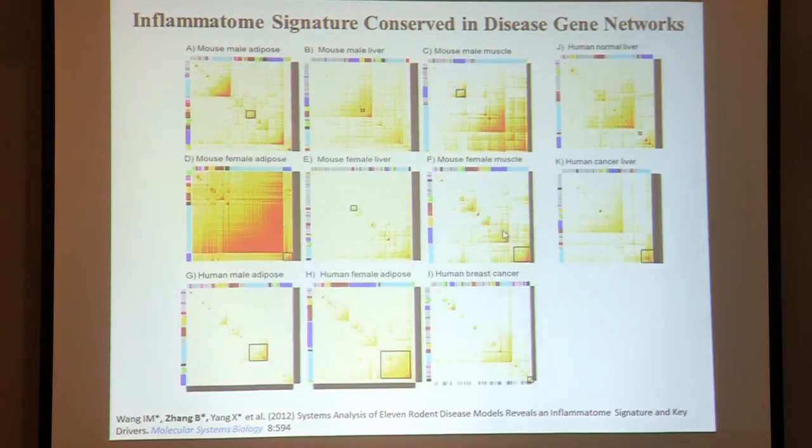A lot of surprise: those 2,500 inflammatory genes are conserved in many co-expression networks involved in obesity, diabetes, and even cancer. You can see huge enrichment in those co-expression networks.